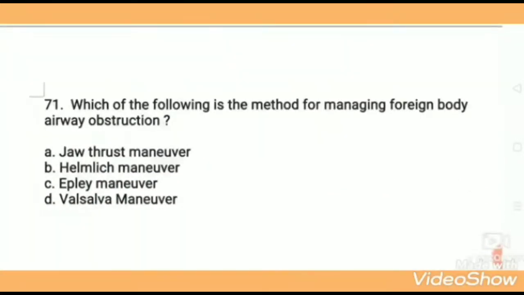Which of the following is the method for managing foreign body airway obstruction? Jaw thrust maneuver, Heimlich maneuver, Epley maneuver, or Valsalva maneuver?